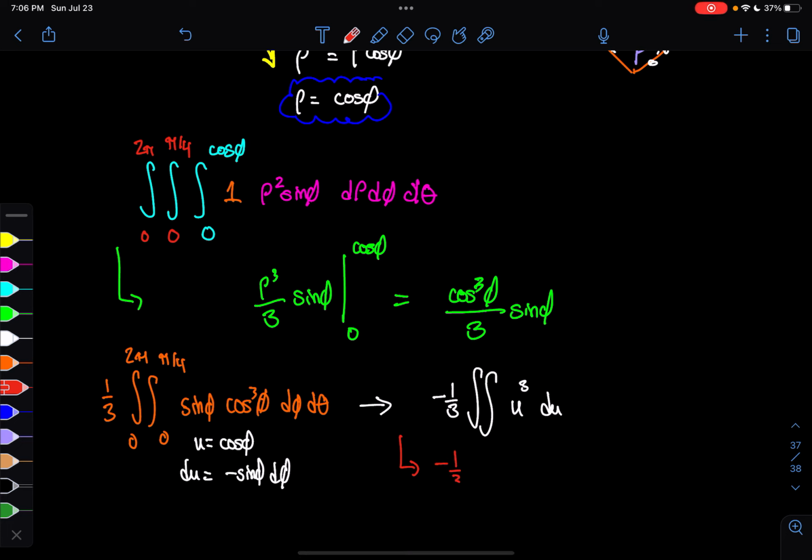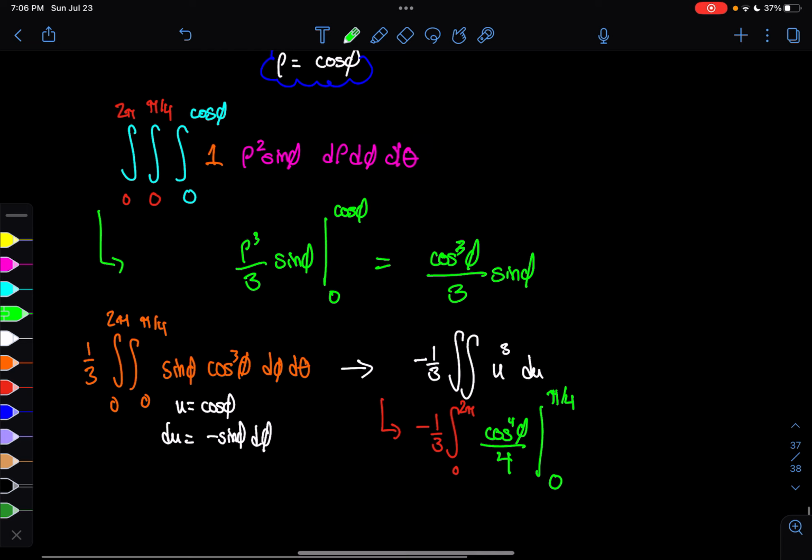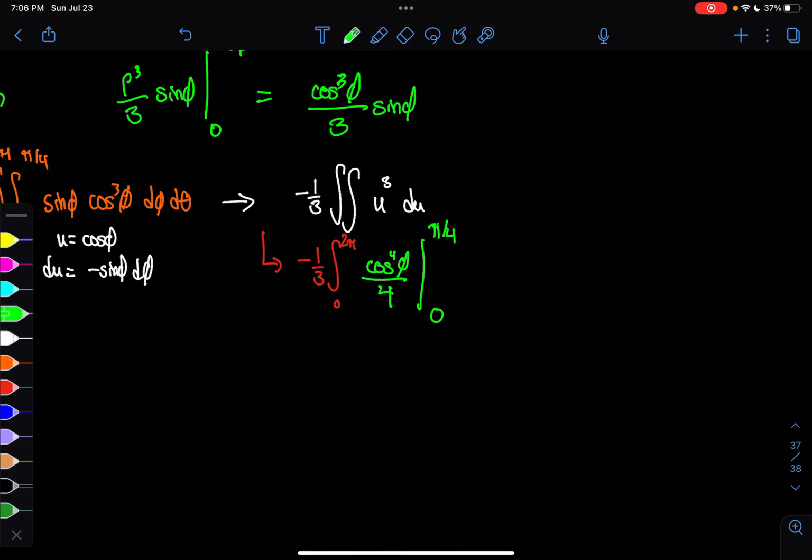So we're at negative 1/3 integral from 0 to 2 pi. And then in our original coordinates, u was equal to cosine, so we'll get cosine to the 4th of phi over 4, evaluated from 0 to pi over 4. Now this isn't too bad either, because cosine of pi over 4 is root 2 over 2.